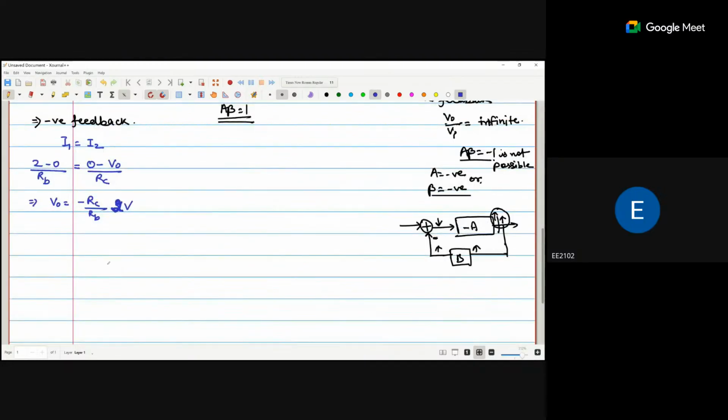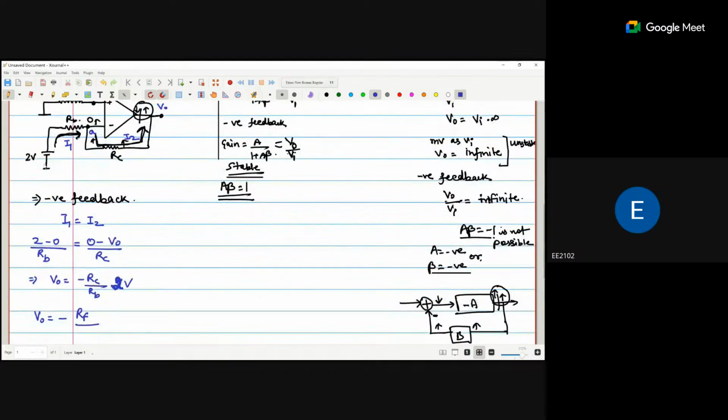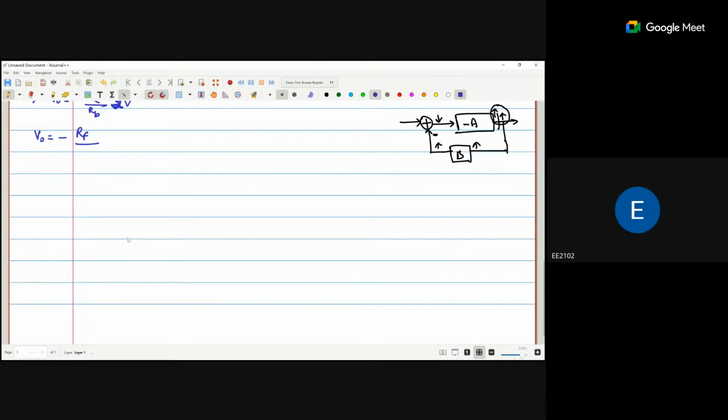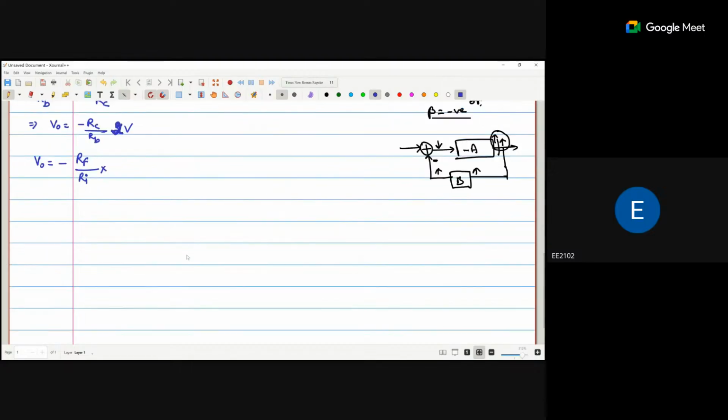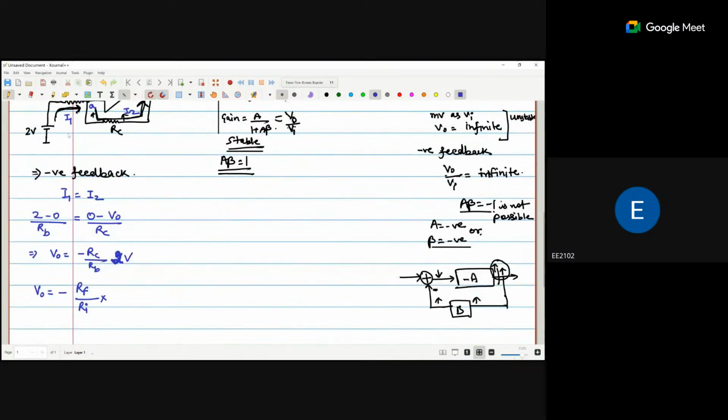If we generalize, V naught is equal to minus RF upon RI times the input voltage, where RF is the feedback resistance and RI is the input resistance.